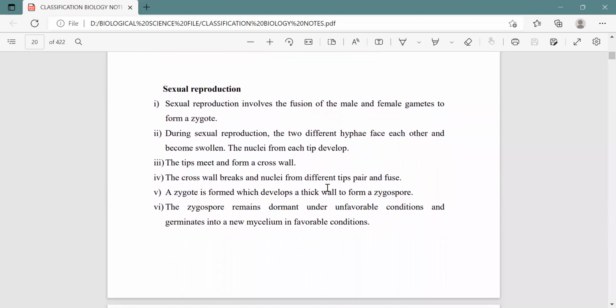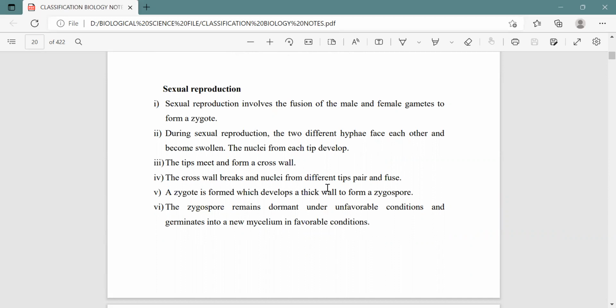Talking about sexual reproduction in fungi, you will realize that although fungi can reproduce asexually by means of spores, sexual reproduction also occurs, as the male and the female fungal organisms produce gametes that can unite to form a zygote.